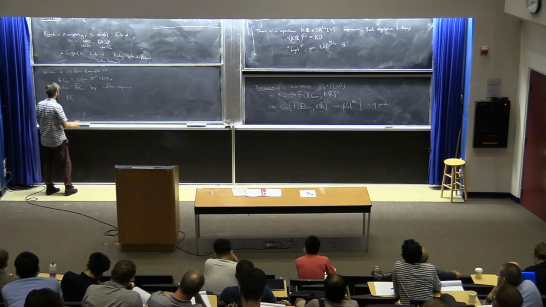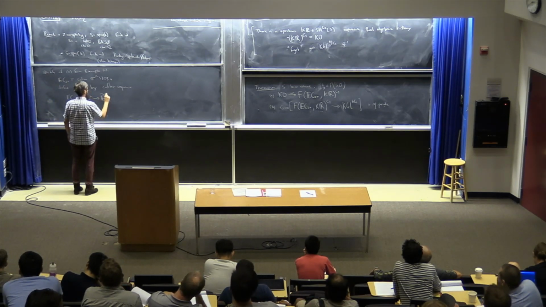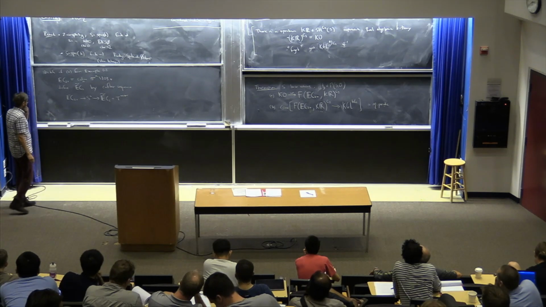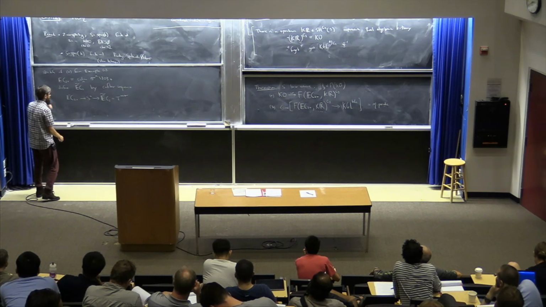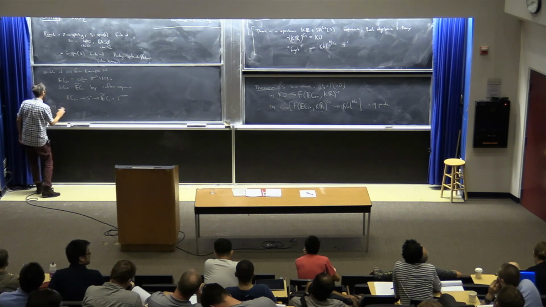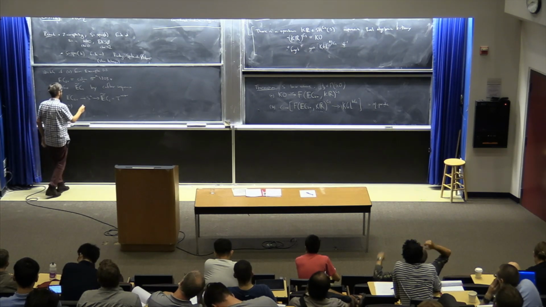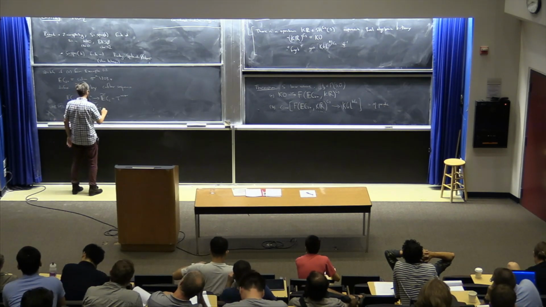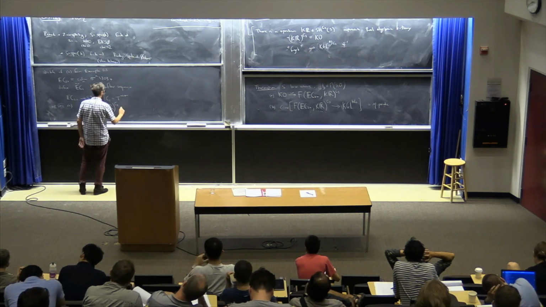Maybe there should be a base point there. This is an infinite sign representation sphere. And so for part A, what you've got to do is see that this spectrum is contractible.